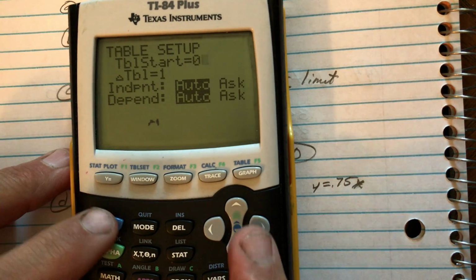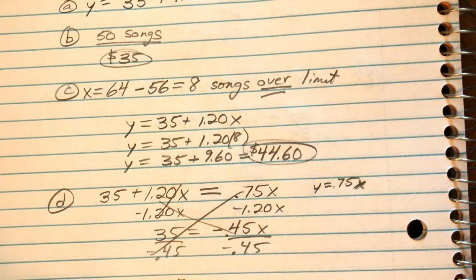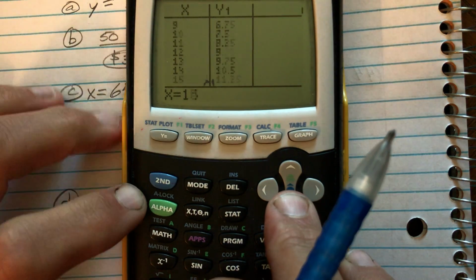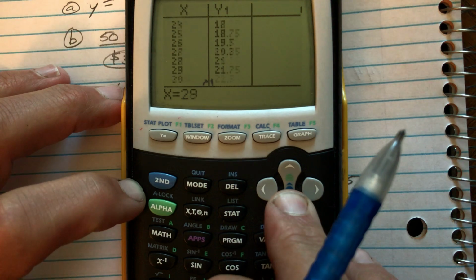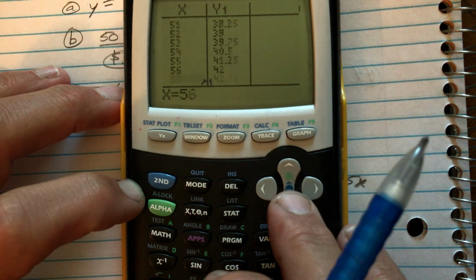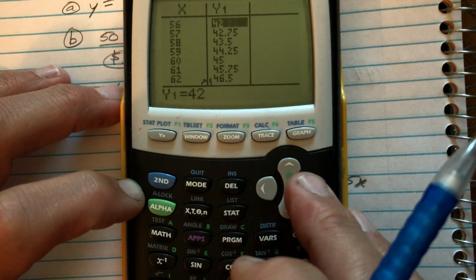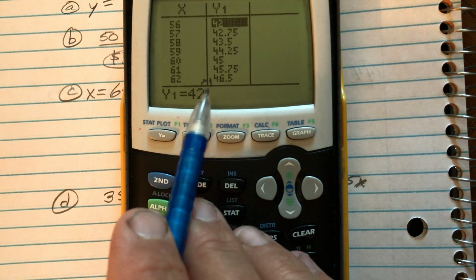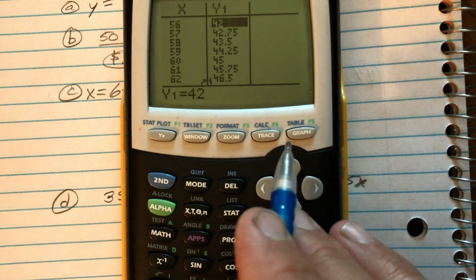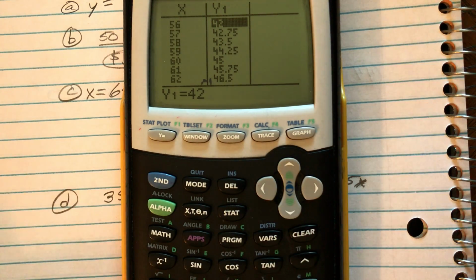Let's start the table off at 0. You could see it's 75 cents per song. Now for us, we get 56 songs for $35. Let's figure out how much 56 songs is for this. So for 56 songs, it is $42. So this costs a little bit more, but then after that, it's only 35 cents per song for the other plan, compared to 75 cents per song here. So you can compare the other equation and figure out when they're the same.